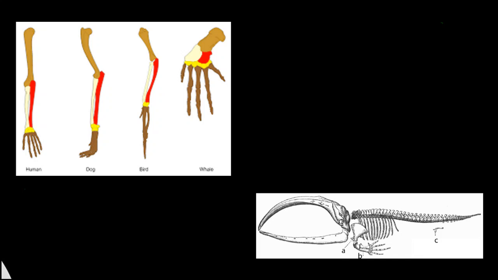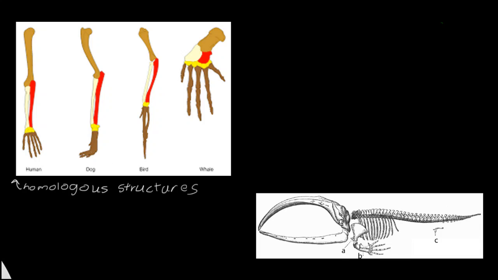So here is comparative anatomy. First, whenever we're understanding comparative anatomy, let's look at what we call homologous structures. Sometimes scientists look at these to see which structures are shared by organisms.